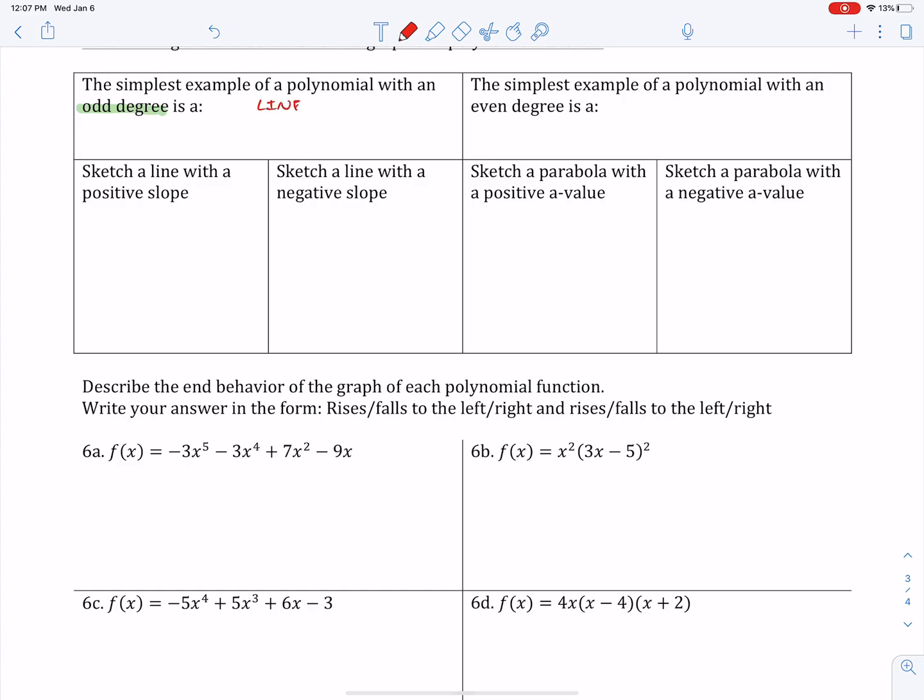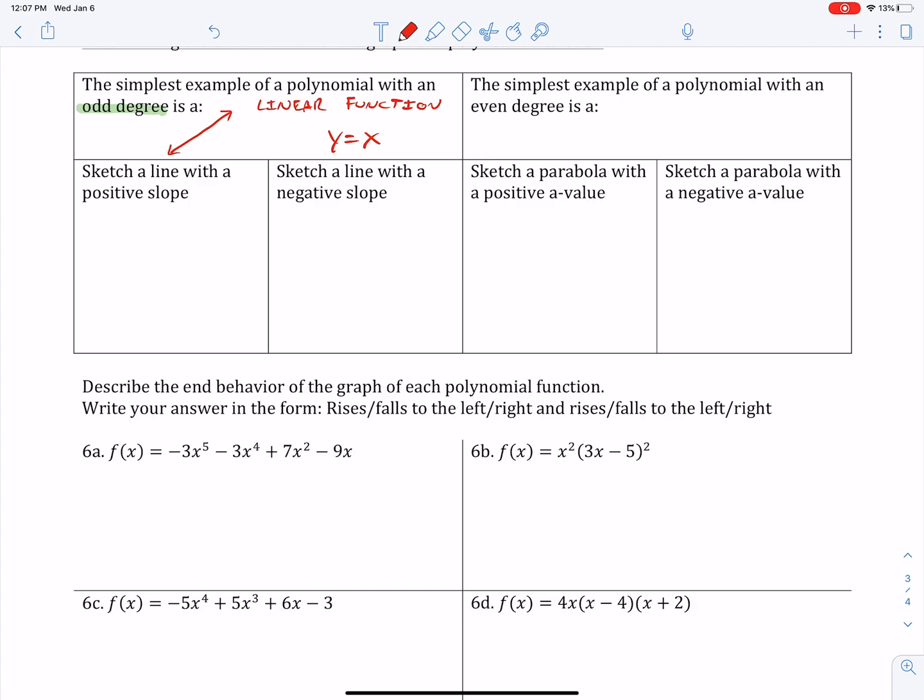If you remember what a linear function is, and I hope you do, a linear function is y equals x. And when you have that, your line goes right through the origin. What we have is a line that looks like this. For an odd degree, that's what your linear line is going to be. Now, it says sketch a line with a positive slope.